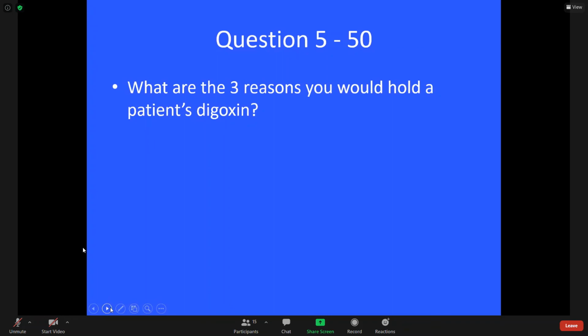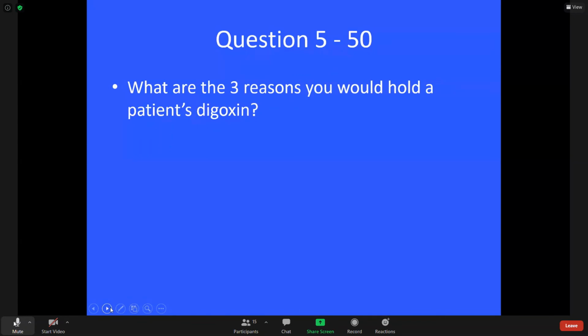I'm not sure. Okay. Marta, can you help her? Or Carrie or Tatiana or Ken? I mean, there's the irregular heartbeats like bradycardia and stuff. Yeah. So when you assess your patient, you should be listening for your apical heart rate. And if it's less than how many beats per minute, you don't give it.